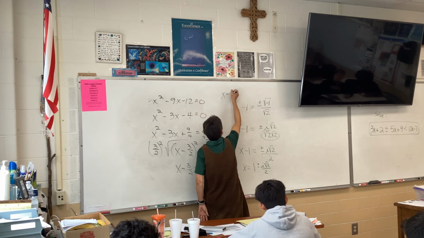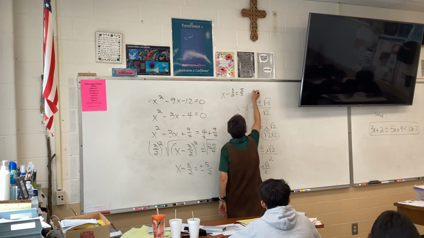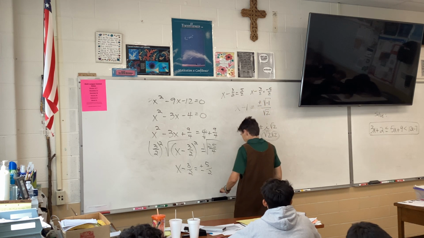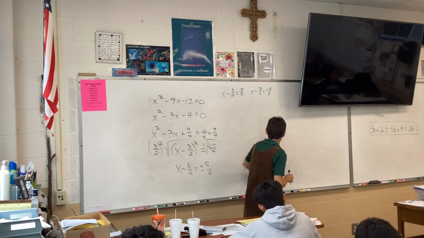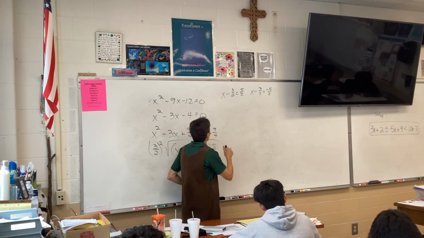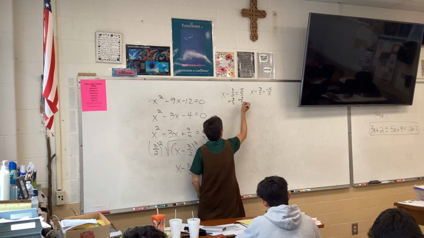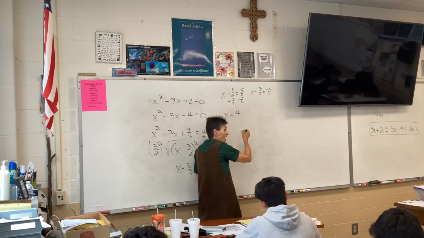So x minus 3 halves equals 5 halves, and x minus 3 halves equals negative 5 halves. All right, so if I add 3 halves over here, what do I get? x equals 8 halves, which is 4.